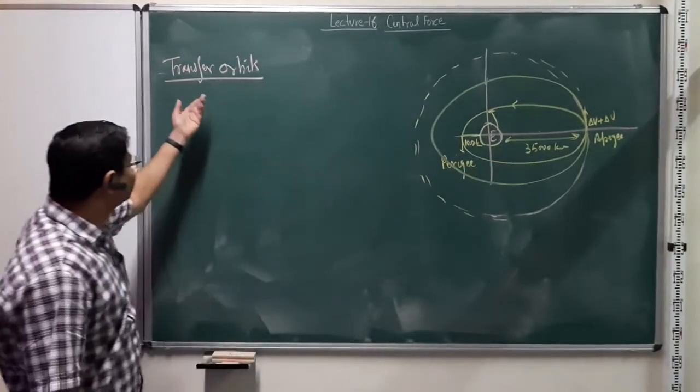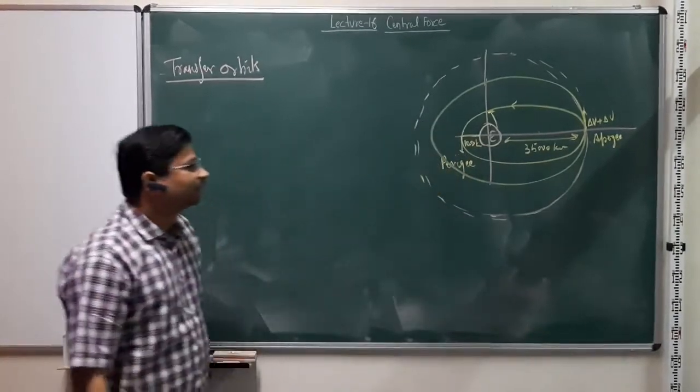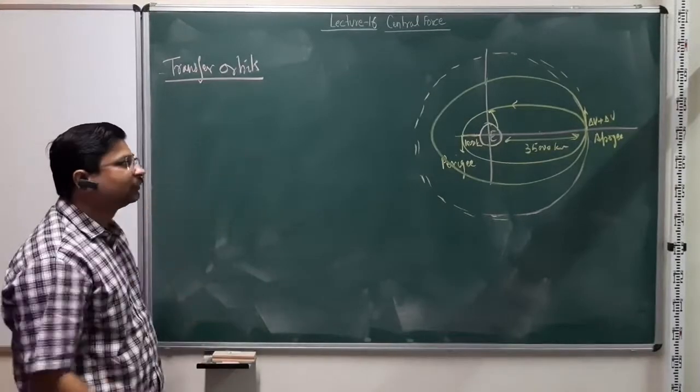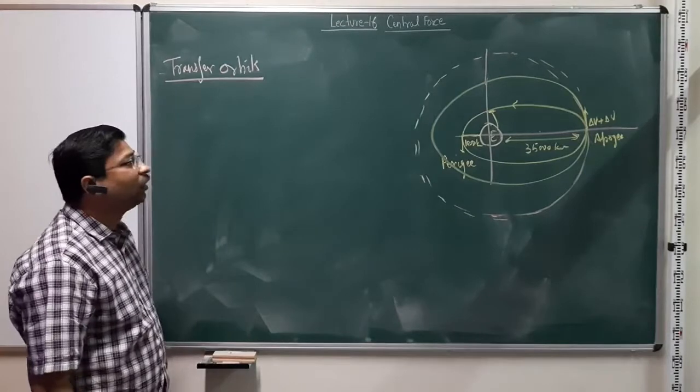So this elliptical orbit will be called a transfer orbit, through which by successively going at this location, you keep on increasing the energy or reducing the energy.